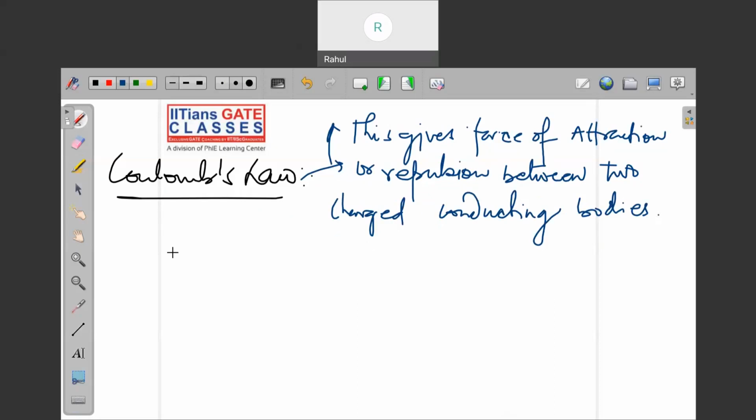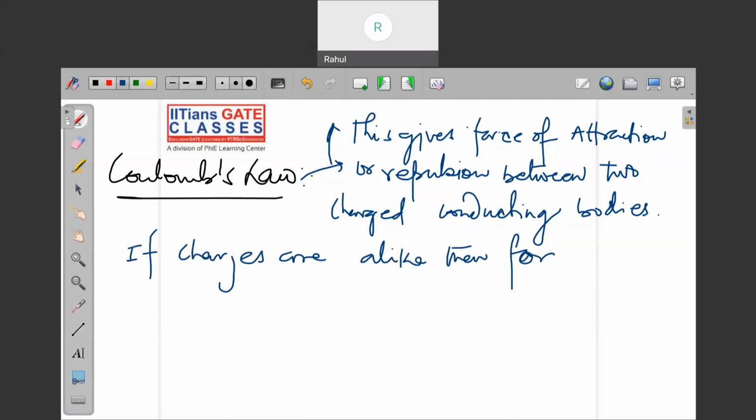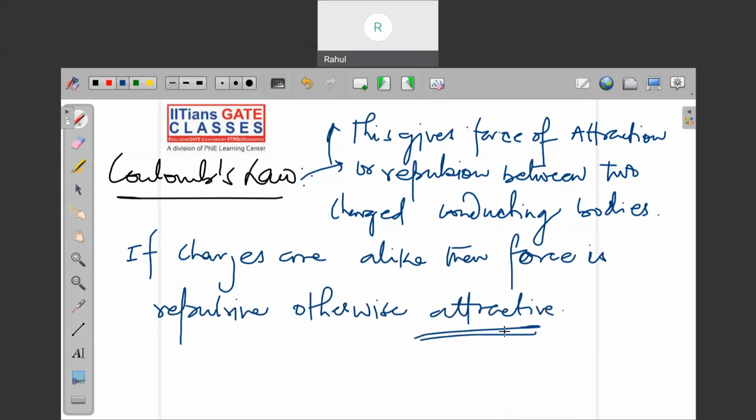So Coulomb's law basically gives you the force of attraction, that's it.